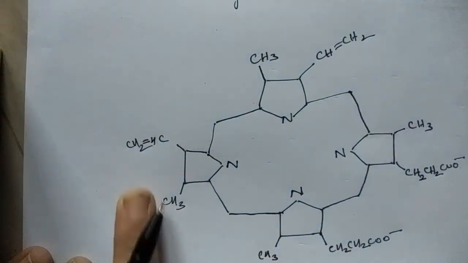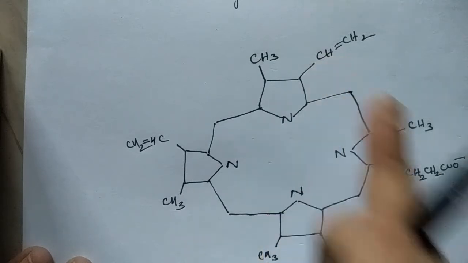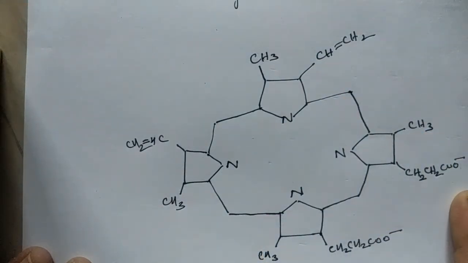So CH3 and CH double bond CH2, then CH3 CH2 CH2 COO minus. Okay, to every ring, towards the left hand side you have the CH3, and towards the right hand side you have the other groups.